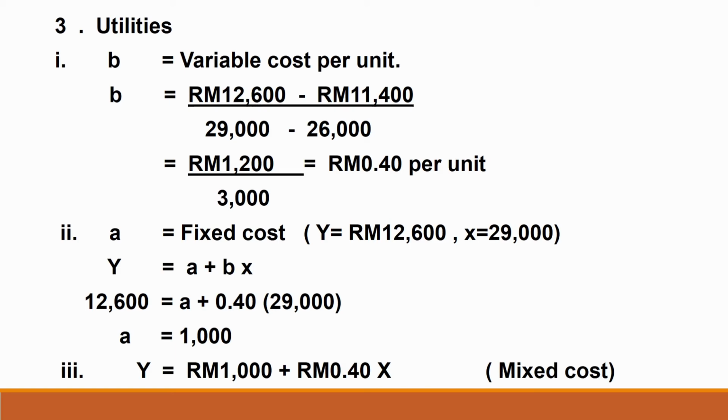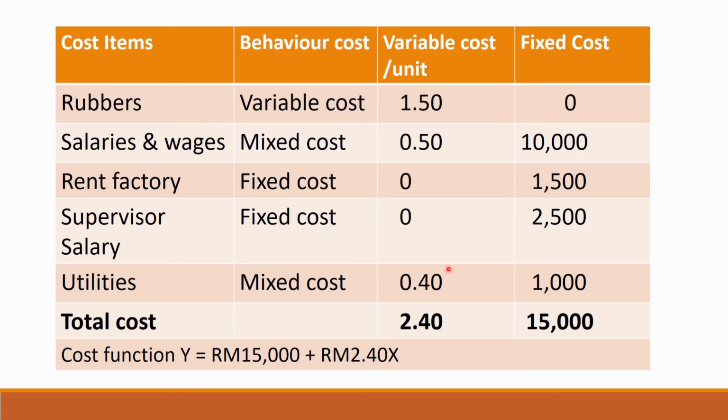Okay, this is the table where we want to list all the items. There are 1, 2, 3, 4, 5 items. And we have to classify all these items based on the cost behavior. Number 1, rubber, variable cost, because it just has variable cost per unit. Fixed cost is 0.